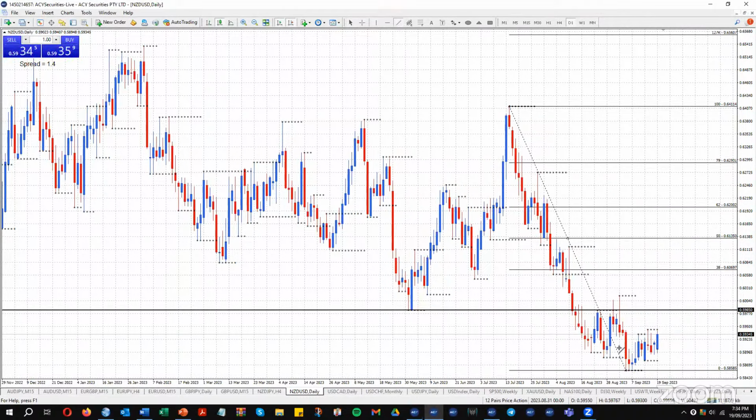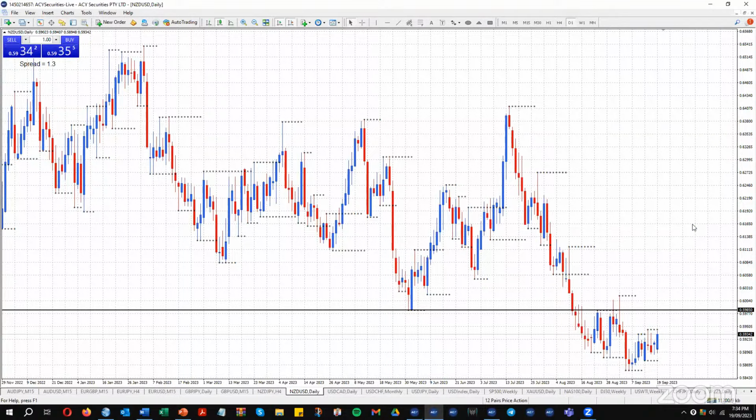This long-term move down, we could see a move up to 62, and then hold to put in a lower top on the big scale to move further down. All right. But at the moment, it's just consolidating here.